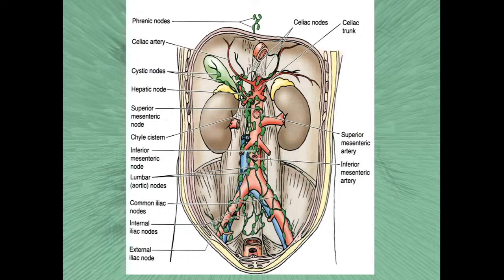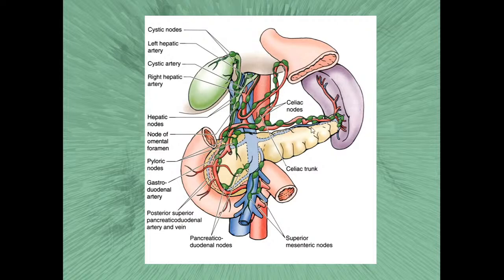mesenteric artery. And if you remember the regions of supply by the mentioned arteries, you can easily describe the lymphatic drainage from the organs supplied by the arteries. For demonstration, let's talk about the pancreas.